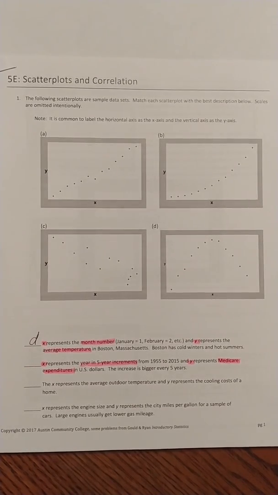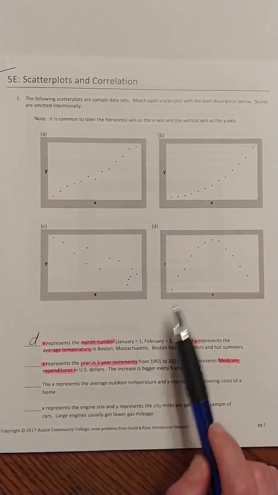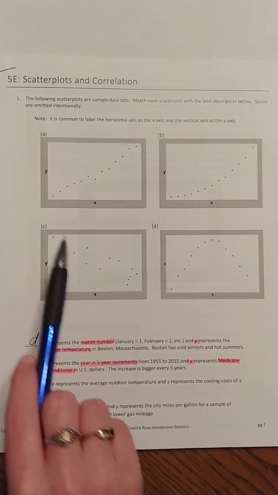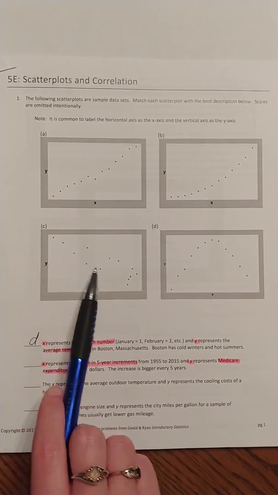In other words, the amount being spent on Medicare is increasing every 5 years. So we know it is an increase. We know it can't be D because we've already used it. And if we look at C, we can see that it is actually a decrease. Each dot is a decrease.